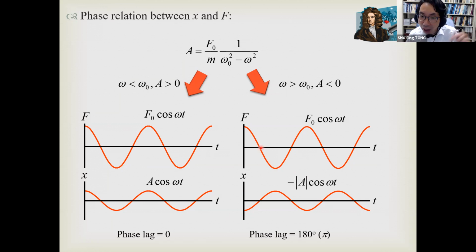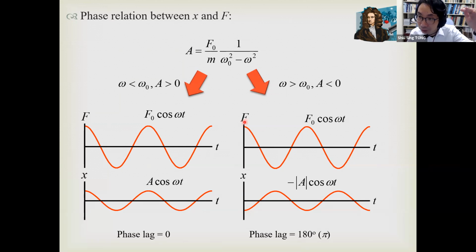When F is negative maximum, X is positive maximum. So they have a phase lag of 180 degrees, or pi. Pi corresponds to half of a wavelength. So when one wave is maximum, the other wave is minimum, corresponding to a phase difference of pi, or they shift relative to each other by half of a wavelength.